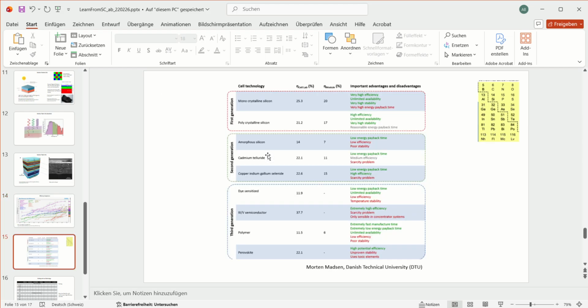So this is a summary, categorized into first, second and third generation of solar cells.